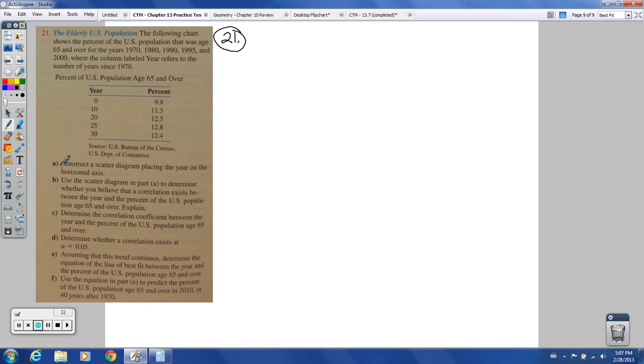Healthy or healthful. But part A to number 21 here: construct a scatter diagram placing the year on the horizontal axis. I'm going to draw a grid again, or underlay this with the grid so that it's easier to make a nice graph. You should be making a nice graph yourself.